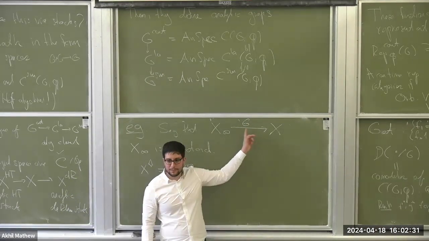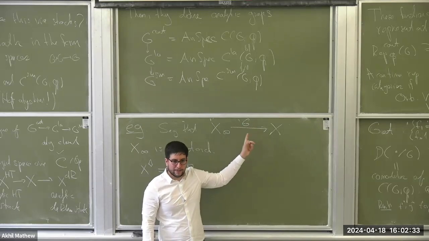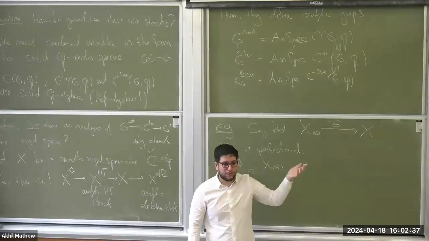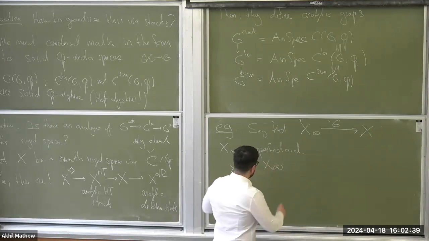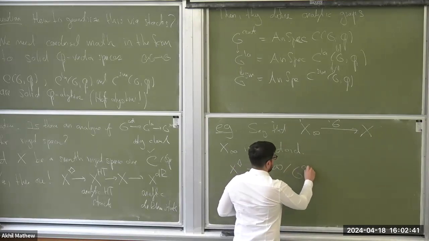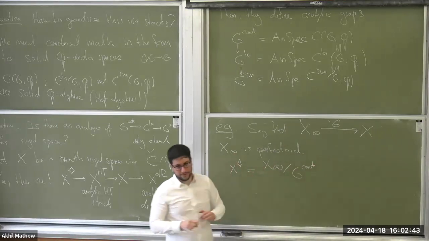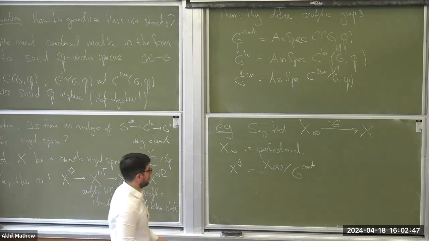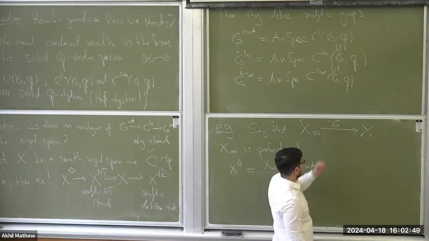But then, when you think about G as a perfect space, you think of G as the spectrum of the continuous functions. We specify what kind of G you're working with.